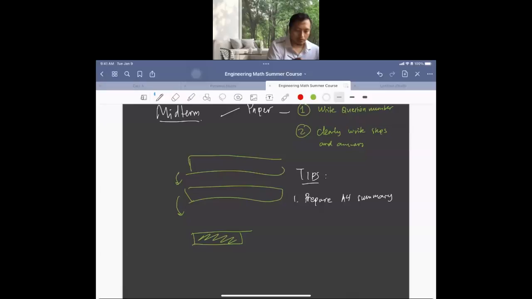Although it's the same principle, you can write with a different perspective, right? So I think it's best if you write on your own, so that when you write, you can actually try to learn something. And when you prepare that as your A4 summary, I think it will be very useful in the midterm or in the exam.